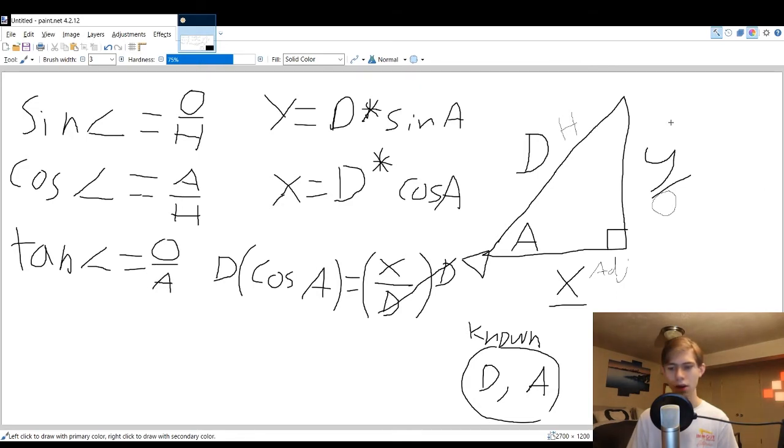So if you knew the opposite side and you wanted to know the adjacent, and you also knew an angle, like angle x, you could use tangent to solve for the adjacent side. So that's a third function just to be aware of, but we aren't going to use that in this video.